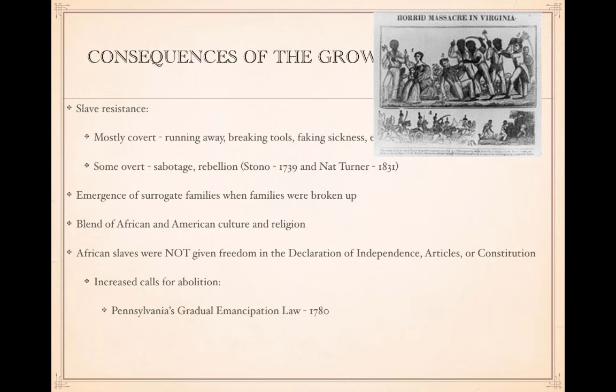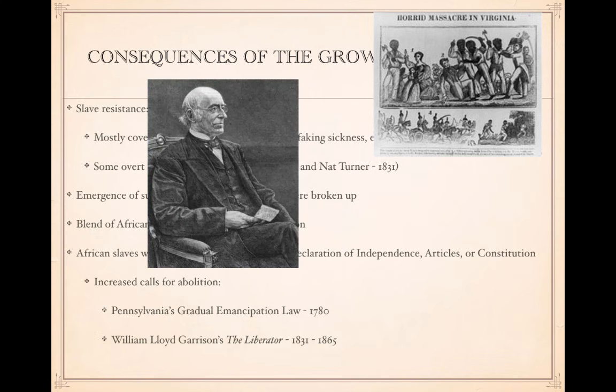For example, in 1780, there's Pennsylvania's Gradual Emancipation Law, which gradually outlawed slavery. William Lloyd Garrison, the same year that Nat Turner's rebellion happened in Virginia, was a Northerner who published a weekly newspaper called The Liberator, in which he called for the immediate and uncompensated end to slavery. And this will be published for 34 straight years until the Civil War ends and the 13th Amendment is ratified.